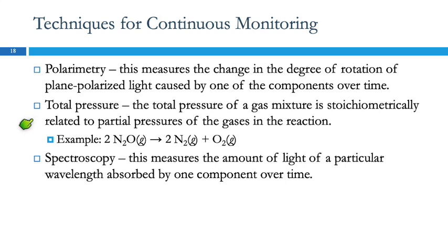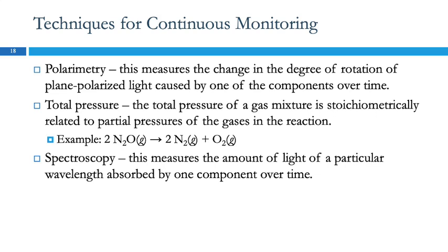We could look at the total pressure. If we're doing a gas reaction, the total pressure of that mixture will be related to the partial pressures of the gases, and the partial pressures will be related to their concentrations. So we could do that. Spectroscopy, we will be doing this. This measures the amount of light of a particular wavelength that's absorbed by one component.